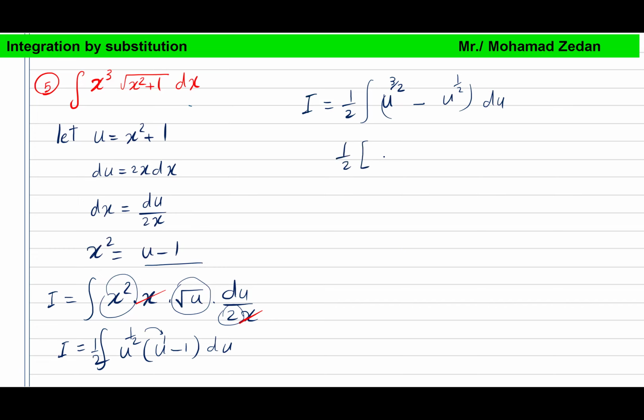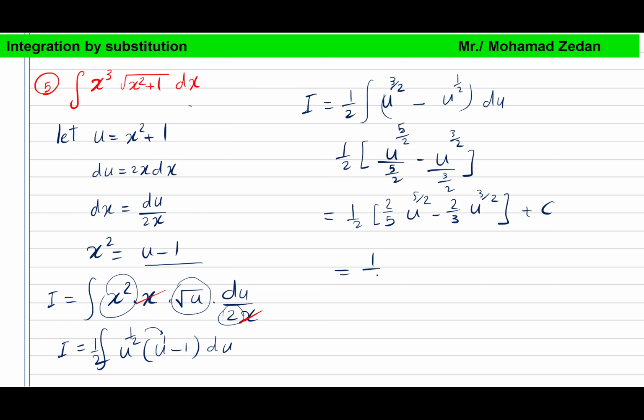So the integral now is u power 5 over 2 over 5 over 2 minus u power 3 over 2 over 3 over 2, which is half times 2/5 u power 5 halves minus 2/3 u power 3 halves plus c. And finally multiply half inside. So it's 1 over 5 u power 5 halves minus 1/3 u power 3 halves plus c.